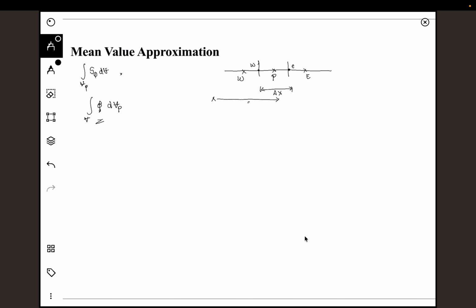The distance to this point is xP, then xe, xw, and let's say we are interested in finding the value of phi at any given point. If I want to do this integration, I need to have phi as a function of x. So this is that particular x that we are worried about. Across this control volume, the integration will be from xw to xe of phi of x dx, because it is a 1D problem.